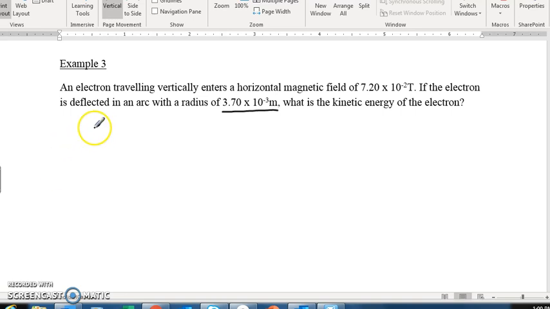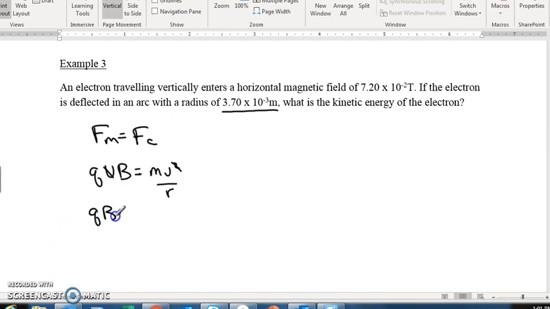Well, you've got a magnetic force that is keeping this thing moving in a circle, so QVB is equal to mv squared over r. And in this case, we're looking for the velocity first in order to find the kinetic energy. One of the velocities cancels out, so QBR over m is equal to that velocity.